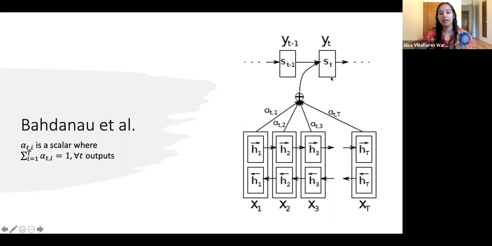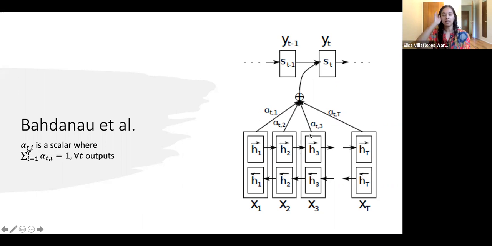And then this final node can take in a weighted sum of all of the feature vectors which came out of this network and use that in order to calculate what the best word is. Since it's a weighted sum, for each of these output nodes, the weights are going to sum up to 1.